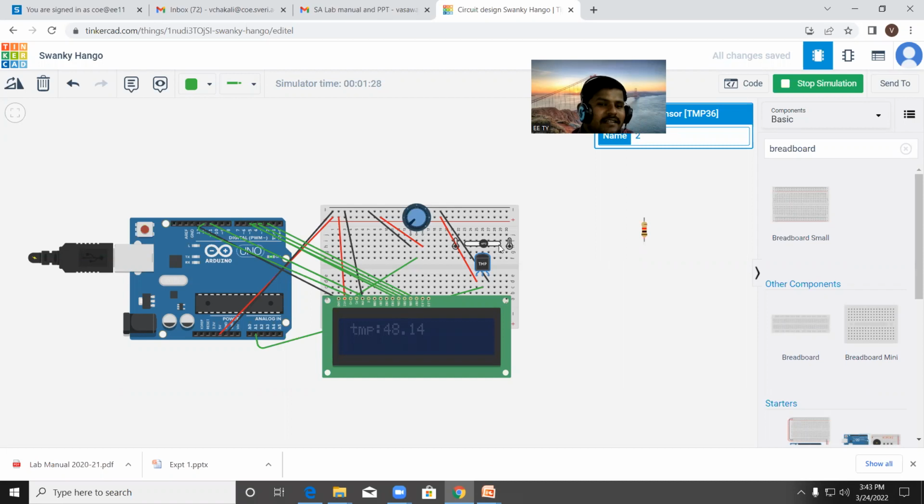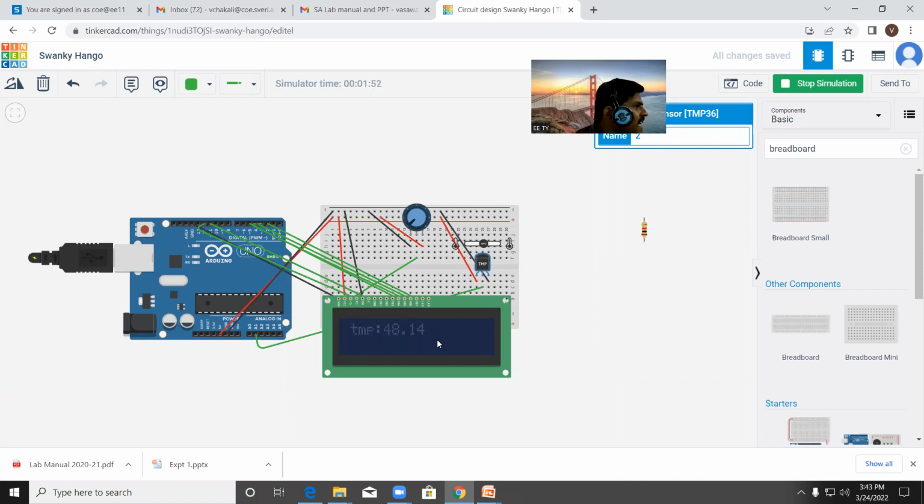After connection and after simulation, we will get the actual output, right? So the output is displayed by our peripheral device. Here this display is nothing but our peripheral device, right? The sensor, suppose it is a contact type sensor and it is sensing the temperature of any equipment.